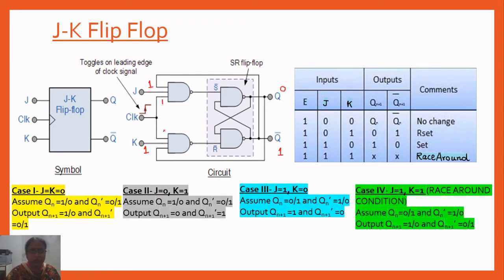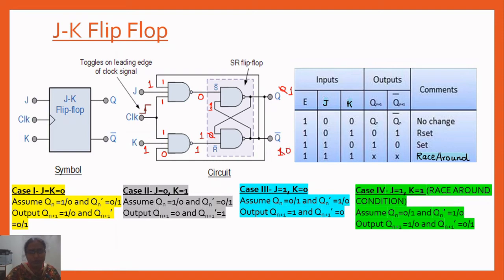The clock is 1, this is 1. So this 0 is here, this 1 is here, 1, 1, 1, this 0 comes here and this 1 is here. This 0 is coming to this side, this 1 is to this side. So 1, 0, 0 means this has to be 1.